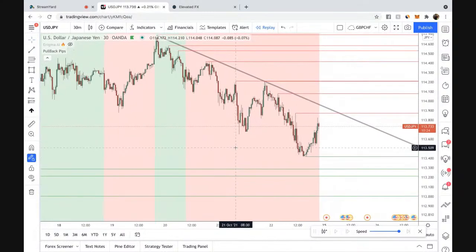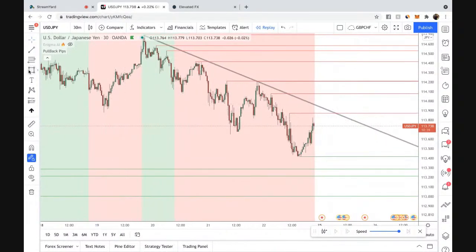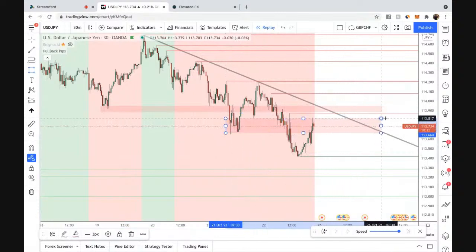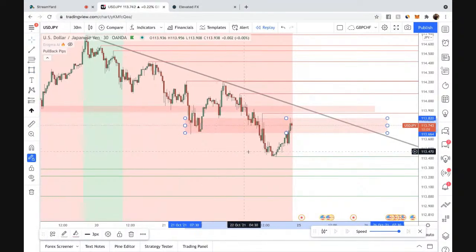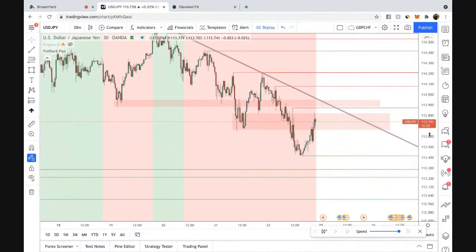My question that I'm going to ask myself is, where has this market been supportive that could reject? If you notice, I'm going to identify them. Where has the market been supportive that it's rejecting? Looking at this situation right here, I like it.